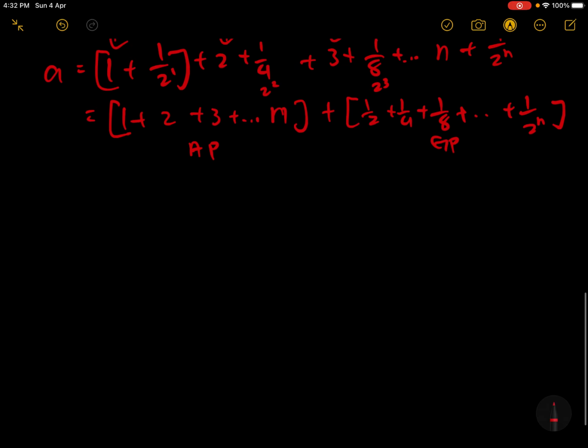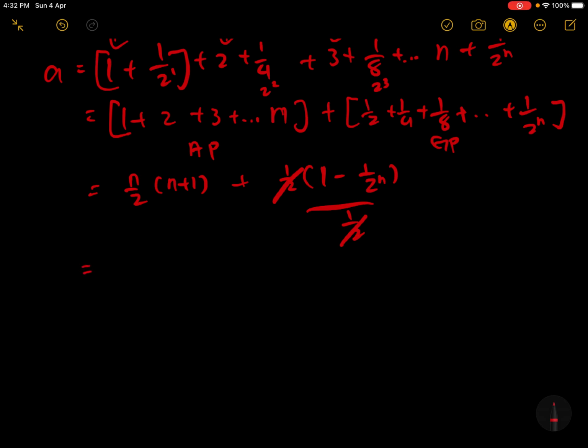So this is n over 2 times (n plus 1), and then plus the GP, which is 1 over 2 times (1 minus 1 over 2 to the power n) over (1 minus 1 over 2). So I can cut this one off.